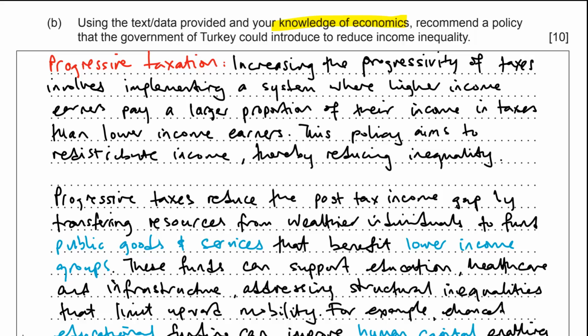So things like aggregate demand, aggregate supply, human capital, labor productivity. These are all things that indicate to the examiner that you're actually answering this question within the wider economic framework. Yeah, so that's my key takeaway from how to answer these big, long questions.